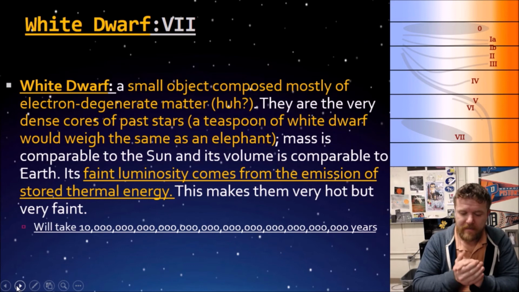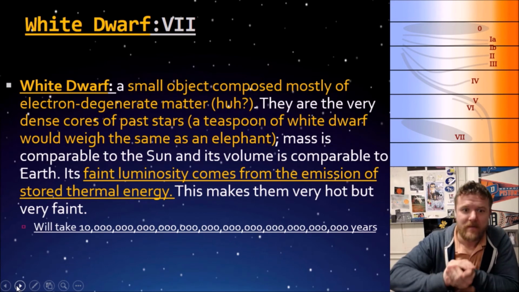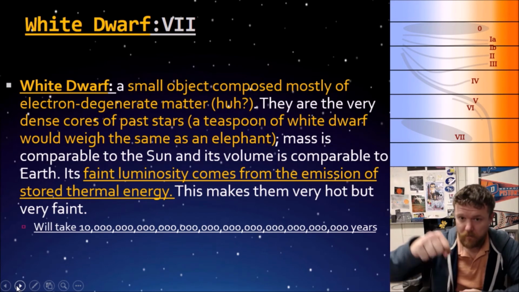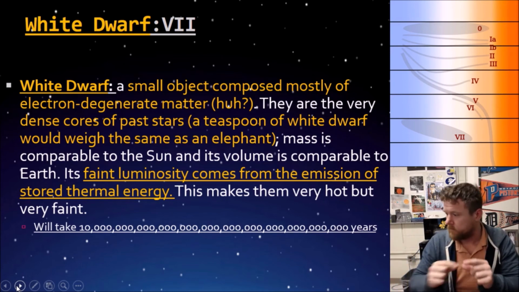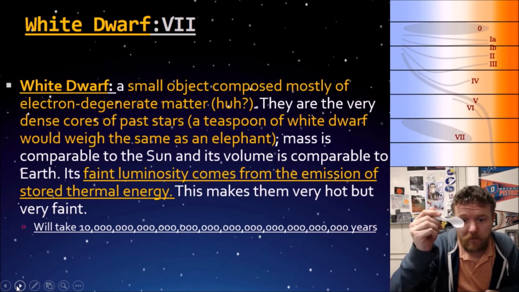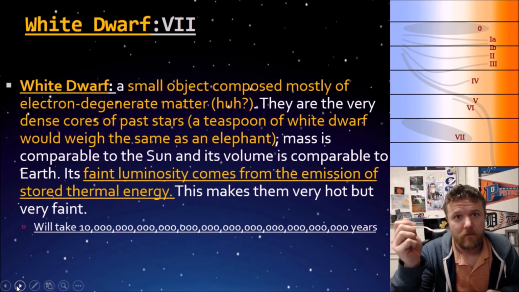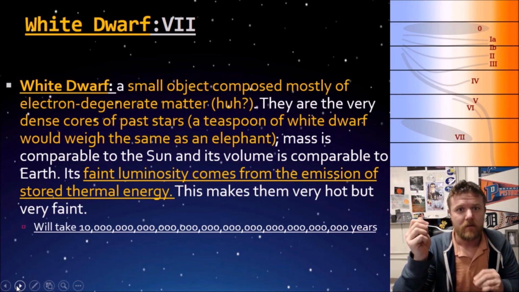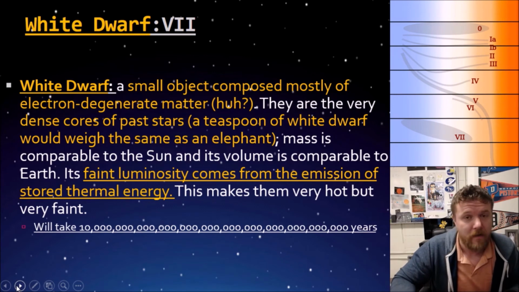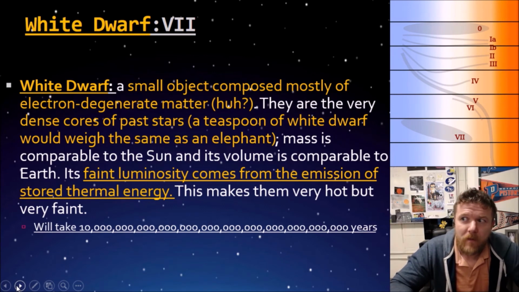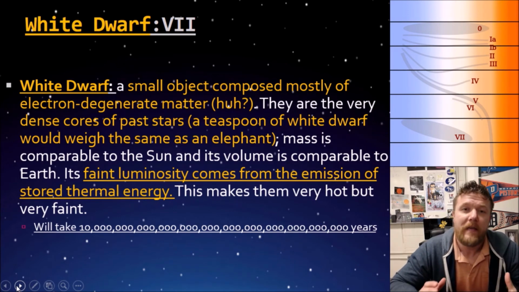They're extraordinarily dense. They are very compacted together, where a teaspoon of a white dwarf star is going to weigh the same as an elephant. So they are very dense, much denser than anything on planet Earth. And the reason that we can see them is because, being the core of a star, they are extraordinarily hot.